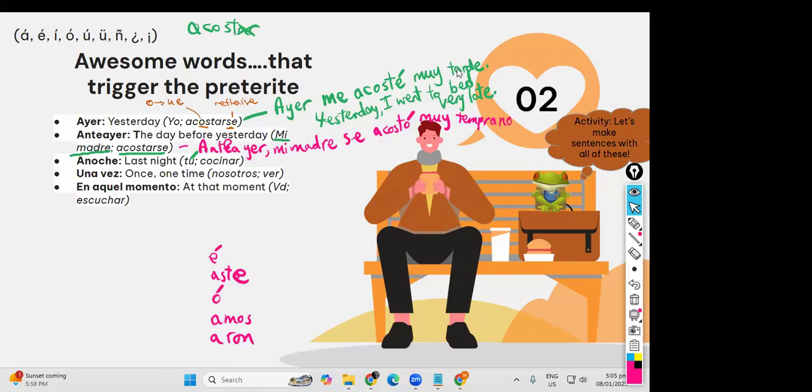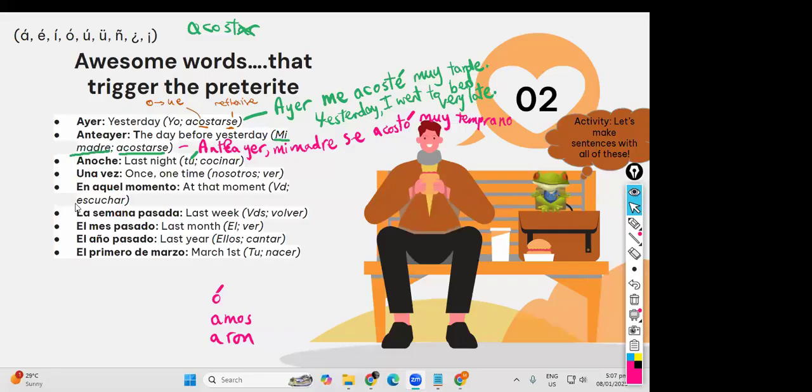Let me pause the recording and give us a chance to work on our examples. Okay, let's continue. I can erase the top 2 examples.